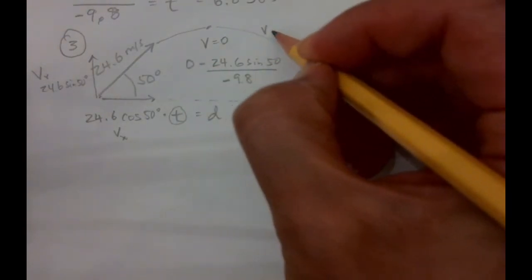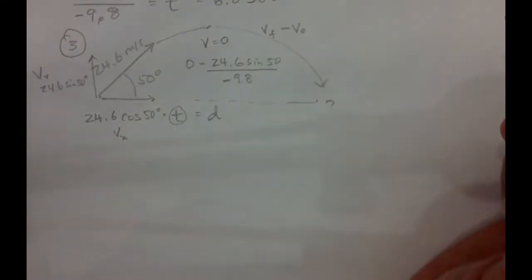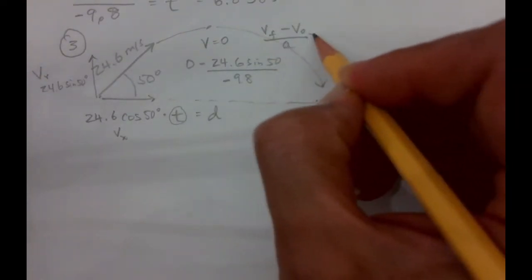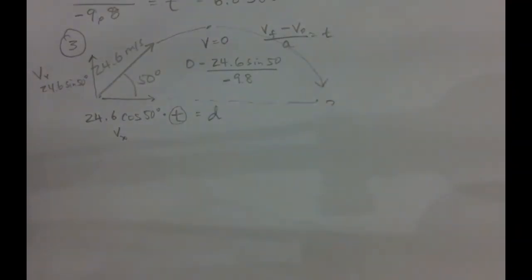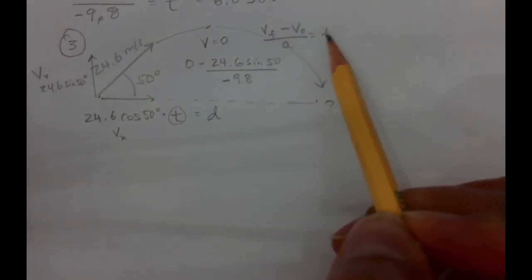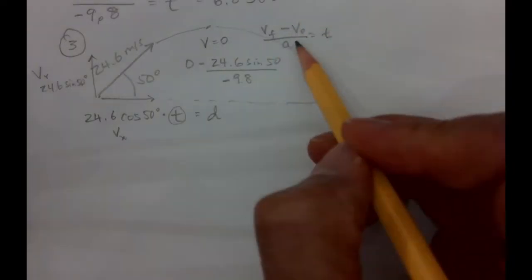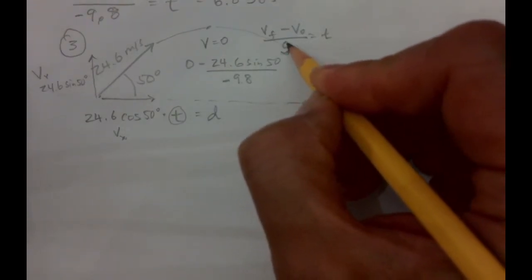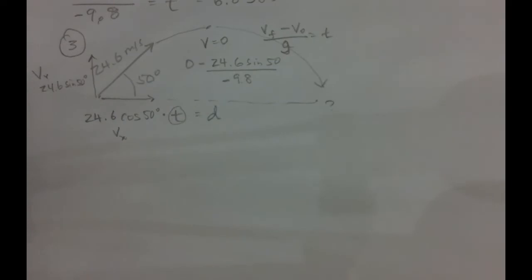Basically I'm doing v final minus v initial in the vertical direction divided by acceleration equals time, which is just a rearranged version of this equals acceleration times time. But I'm going to go ahead and divide by acceleration, which in this case, free fall problem, is gravity.